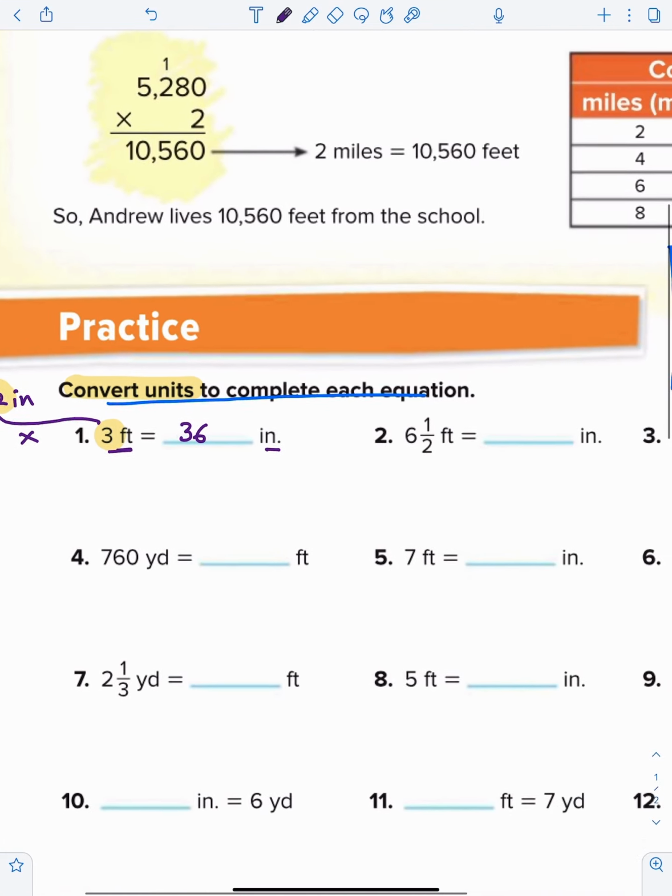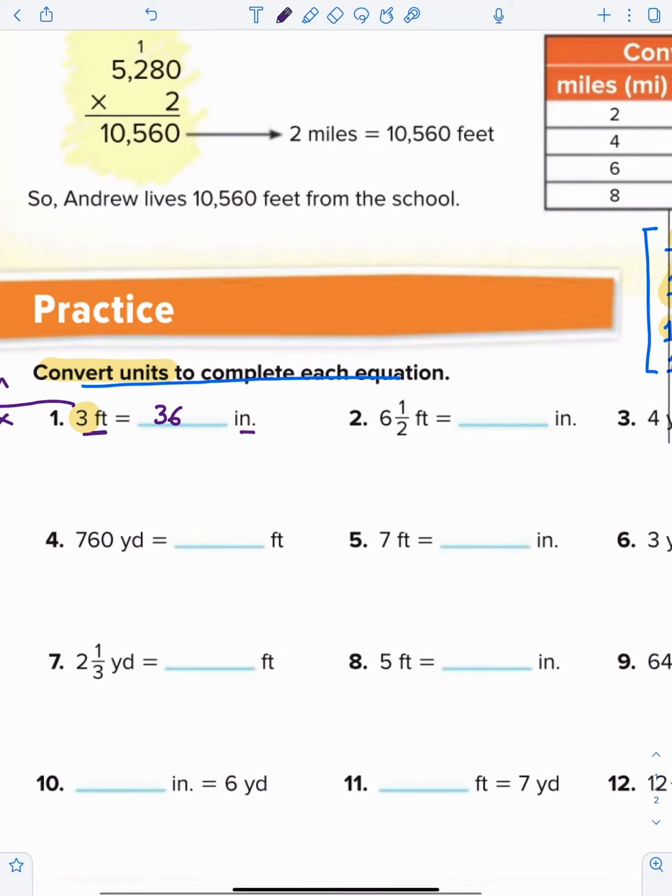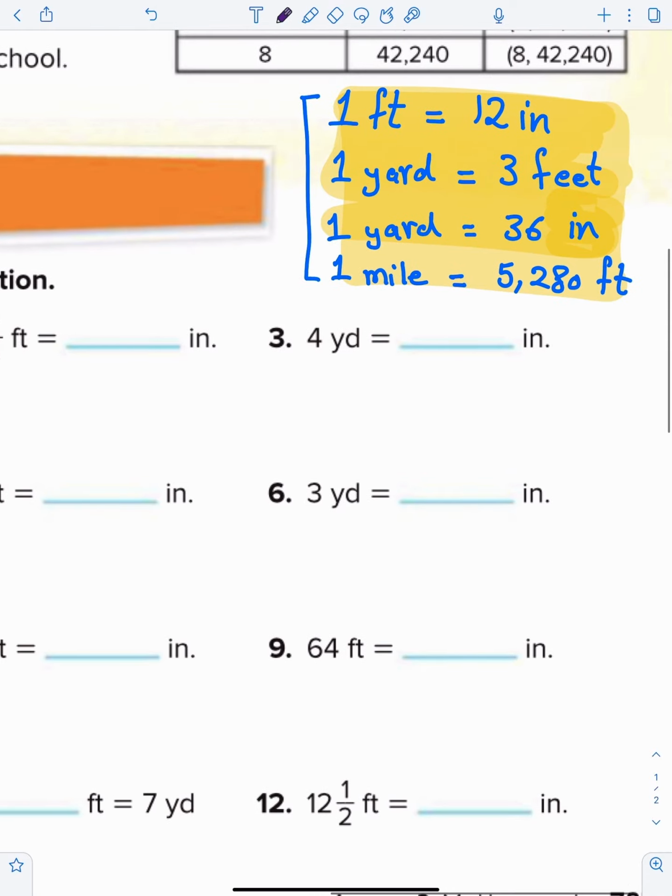Okay? Let's take another one. Let's take that one here. 3 yards is equal to how many inches? We need to write the conversion factor between yards and inches. I know that 1 yard is equal to 36 inches. So basically, you just need to multiply.